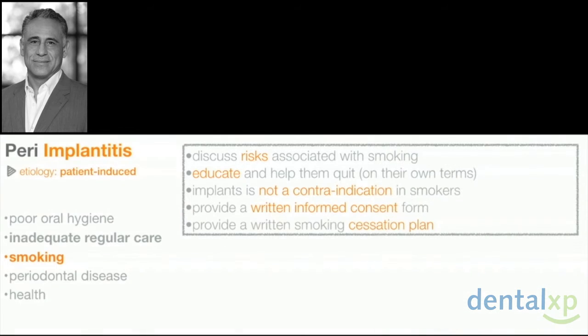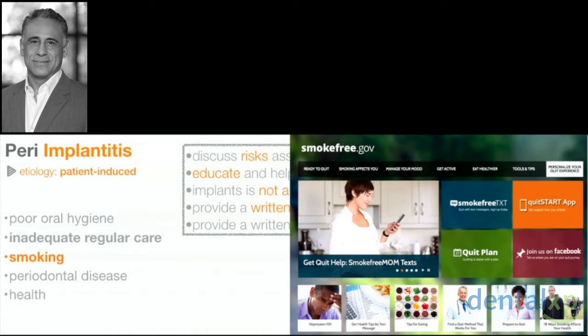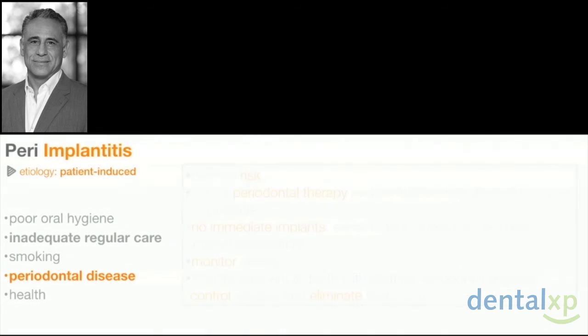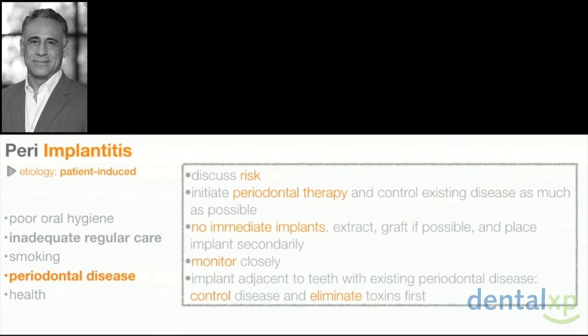And also, if possible, and this would be preferable, to have some sort of a program where they can begin early to perhaps quit smoking prior to the treatment, and there are various types of strategies or treatments that are available that can be offered to patients. Smokefree.gov can provide some information for patients on how they can stop smoking prior to the treatments.